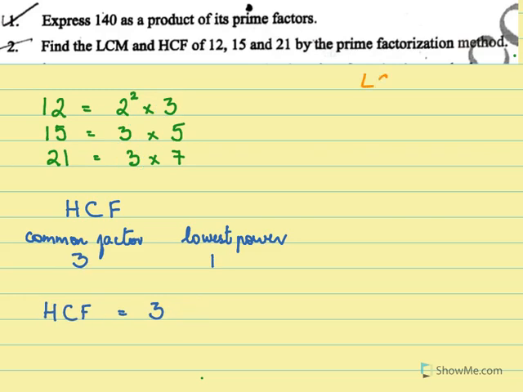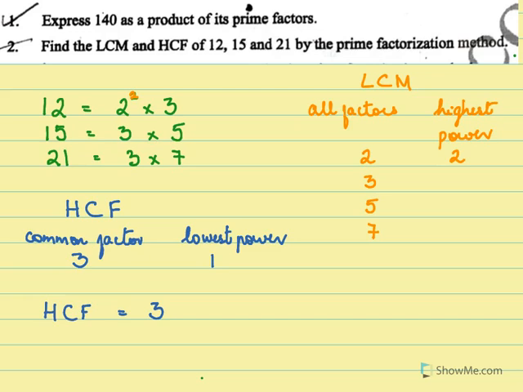To find the LCM, we write all factors and their highest power. So here we see the factors. There is a factor 2, there is 3, there is 5 and there is 7. The highest power of 2 is 2.